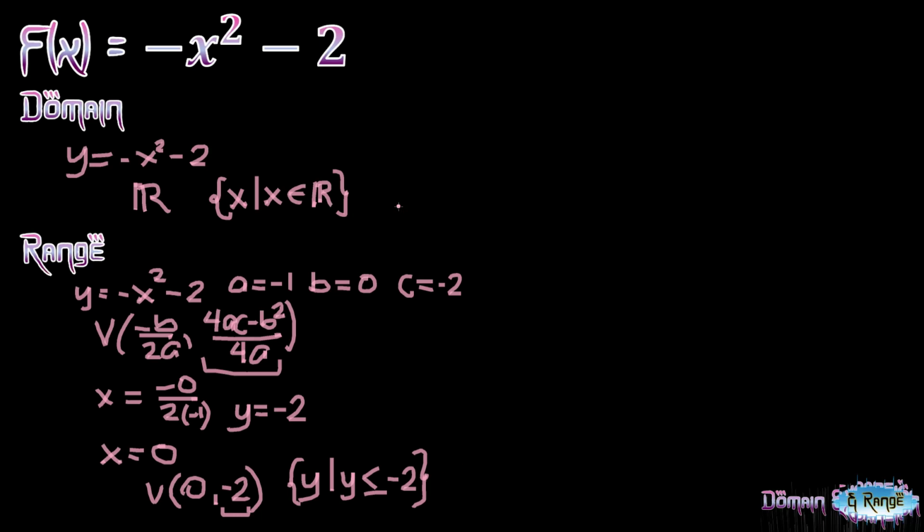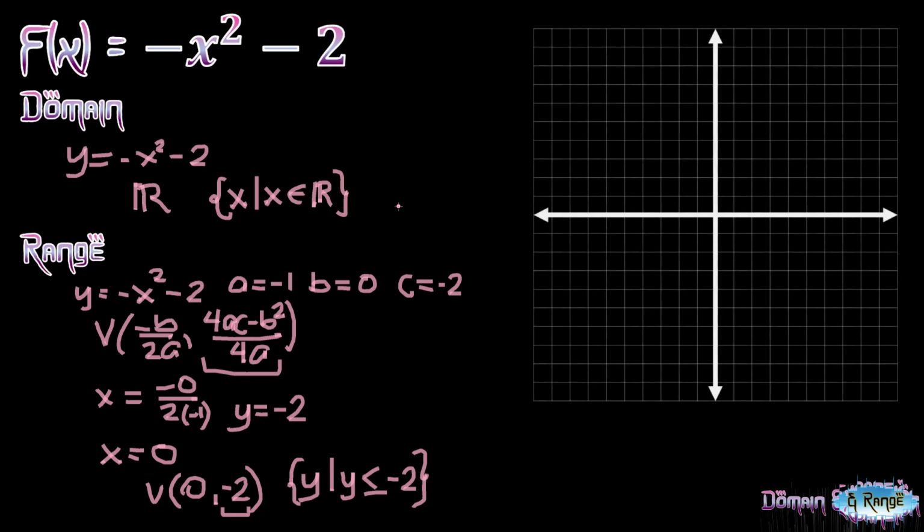Now let's try to come up with a graph of this to illustrate it further and to make some analysis, checking whether our answers for domain and range are both correct. So we can plot it here. Our vertex is at 0 and negative 2. Negative 2 is here. This is our vertex. Our graph for a quadratic function is a parabola, so we need at least 5 points: the vertex, and 2 values of x below and after it.